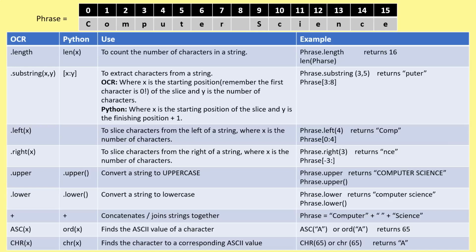And these work very slightly differently, whether you're using the OCR reference language with substring or the Python slicing. So if I want to get the characters puter out of my phrase, in OCR I would say phrase.substring(3, 5). Start at position 3 and then take the next 5 characters. So that would give me character 3, character 4, character 5, character 6, character 7.